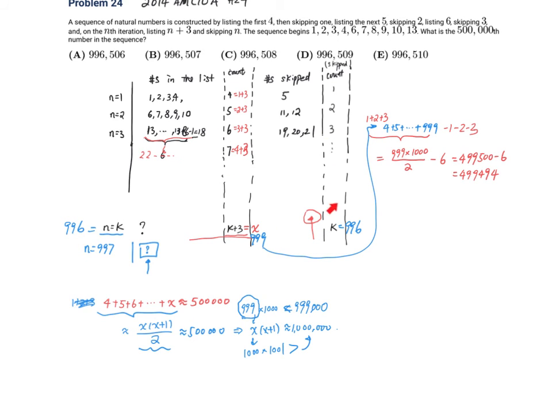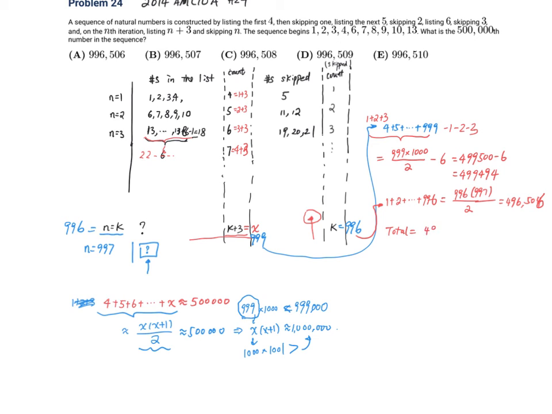We still have to find the sum of this, which is 1 plus 2 plus all the way up to 996. That's 996 times 997 divided by 2, and this is equal to 496,506. So the total counts of the numbers in these two columns are equal to the sum of these two.